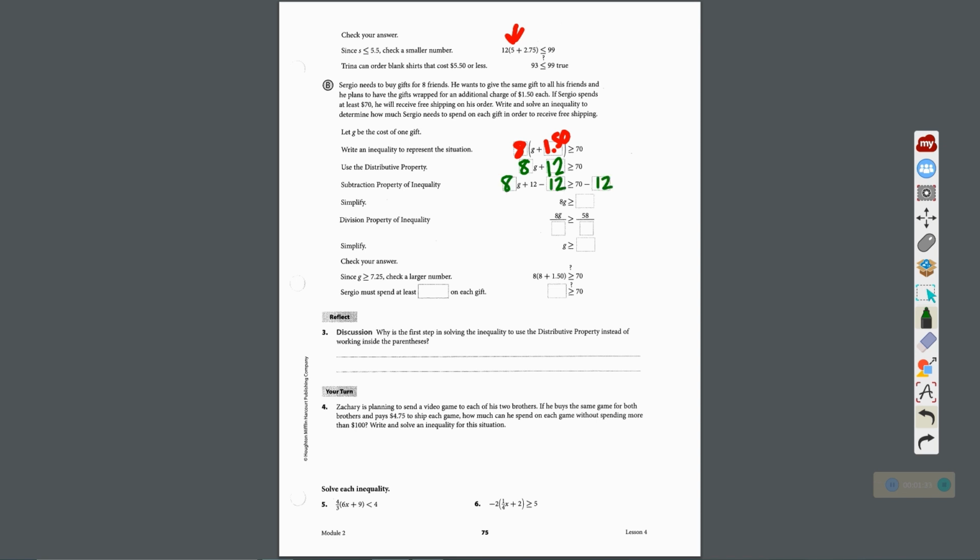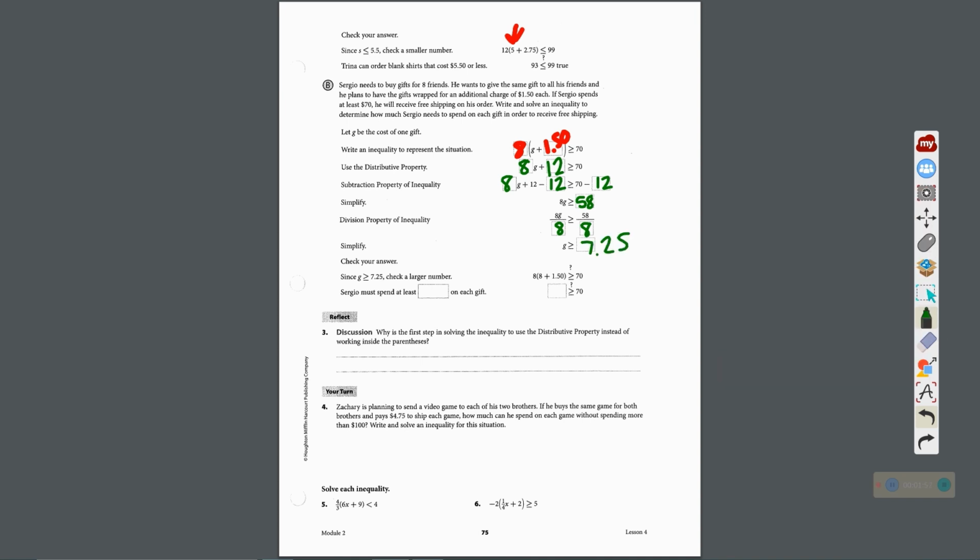So we're left with 8G, and 70 minus 12 is 58. Then they divide both sides by 8, and 58 divided by 8 is 7.25.